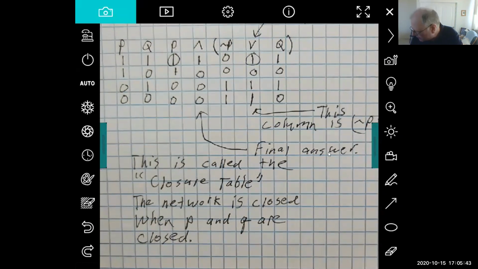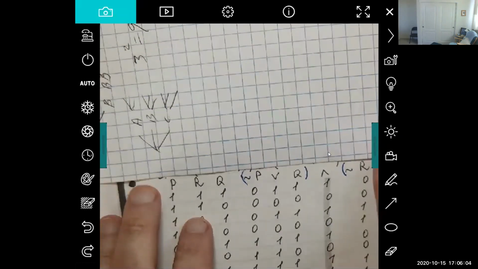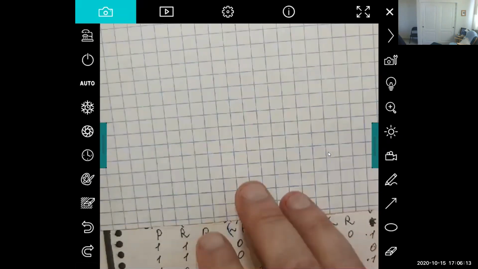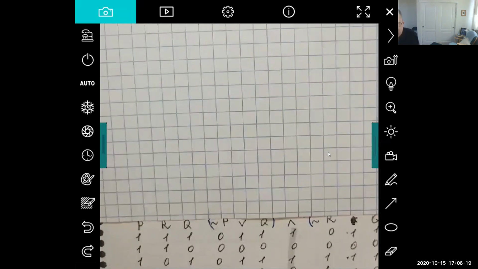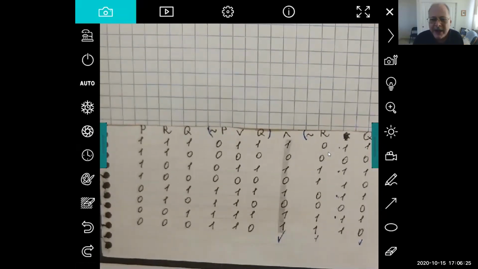That's the problem. Now, let me show you another closure table. I'm just going to show you a student's paper and cover up the name. Okay, so I stuck in the parentheses for them.